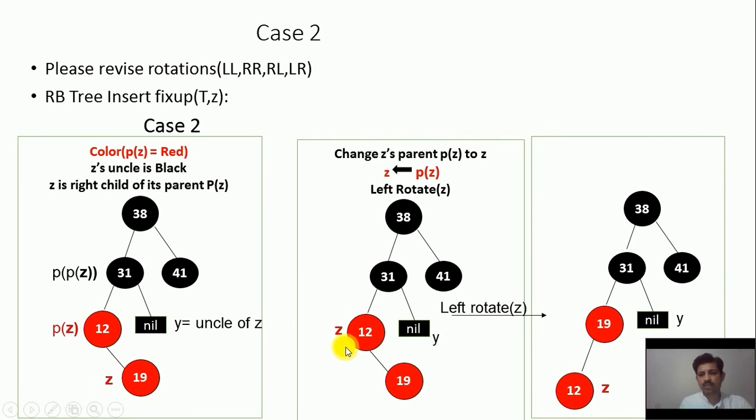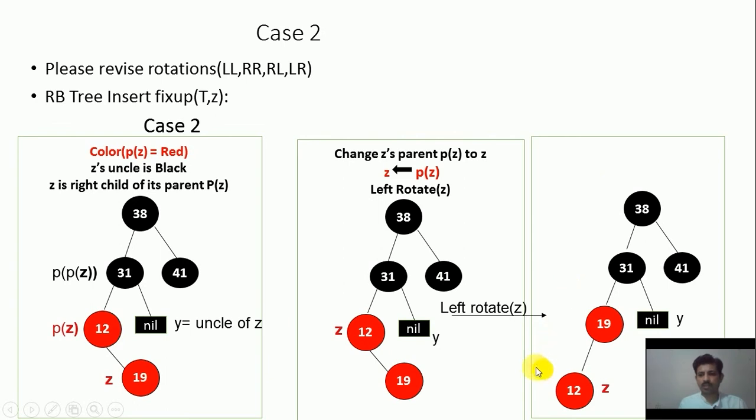The node becomes the left child of its right child. So 12 will be placed on the left side of 19, its right child. We have applied a rotation on this node G and we are getting the result.